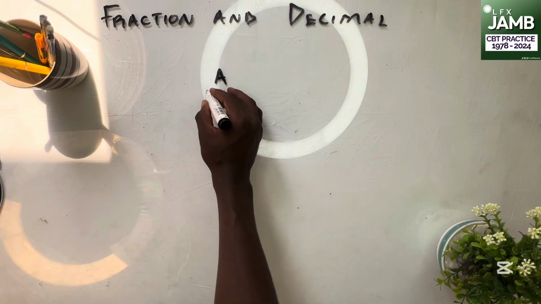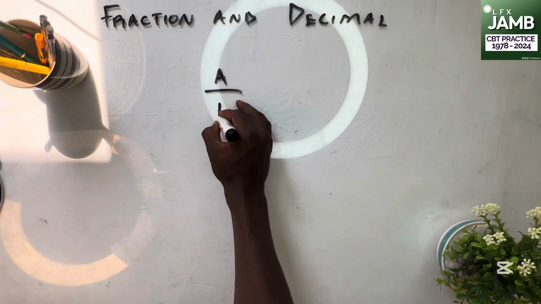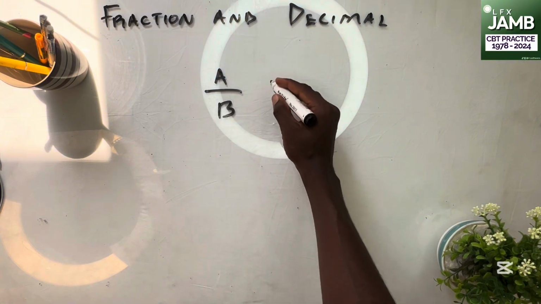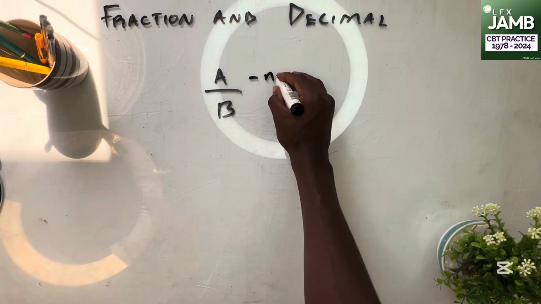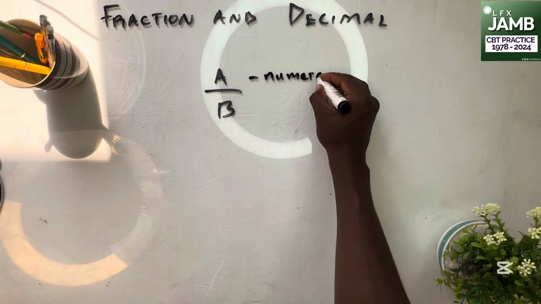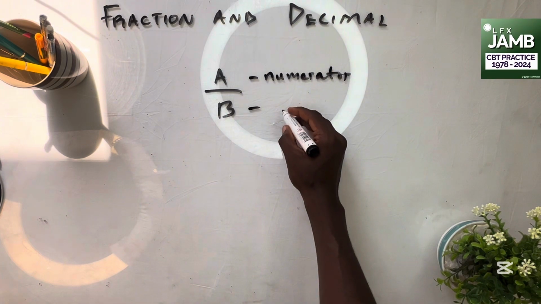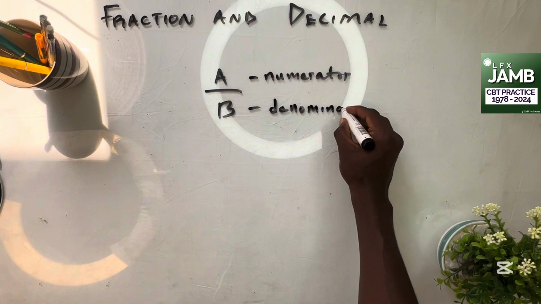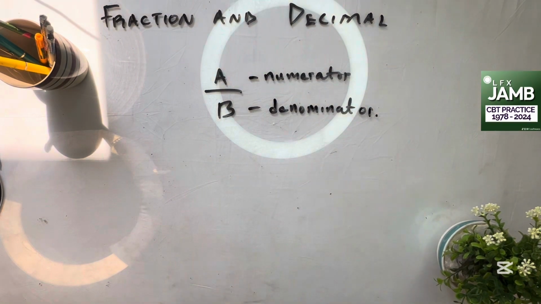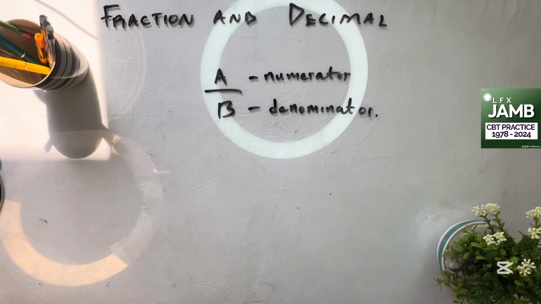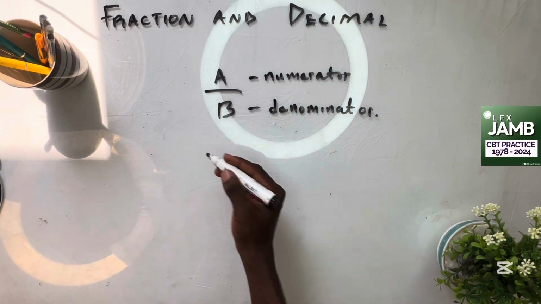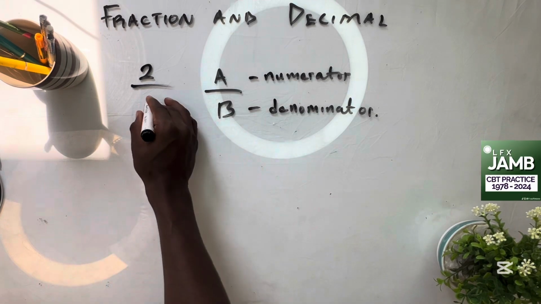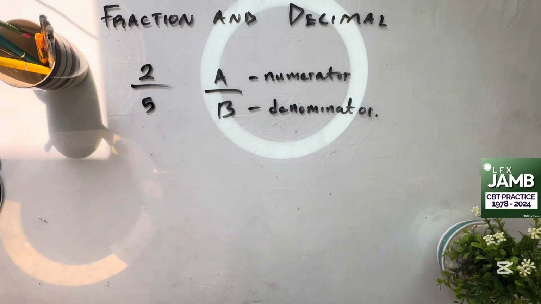Let's say integer A divided by integer B. The integer up is regarded as the numerator, while the integer down is regarded as the denominator. Now, what are integers? Integers are whole numbers. So let's say integers like 2 over another whole number, let's say 5. So this is a fraction.